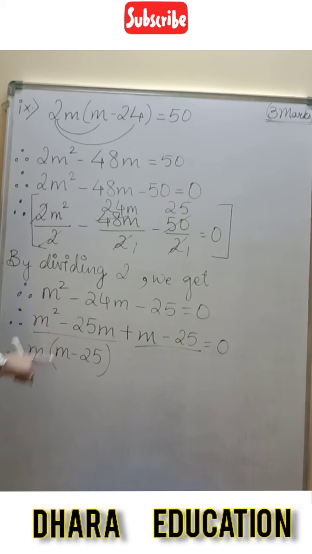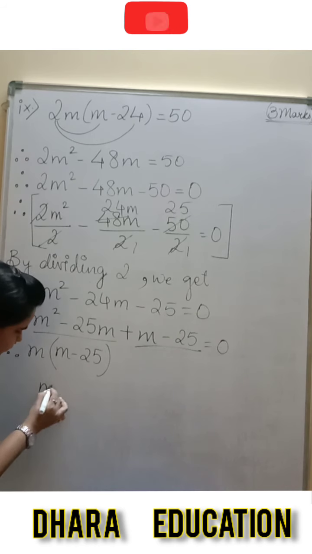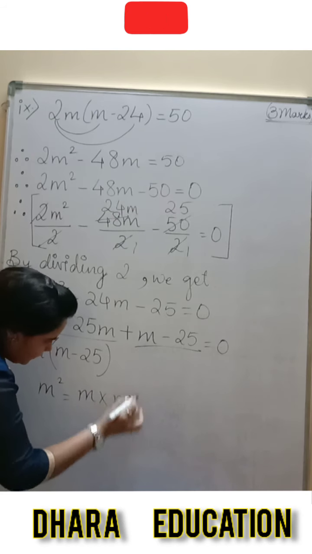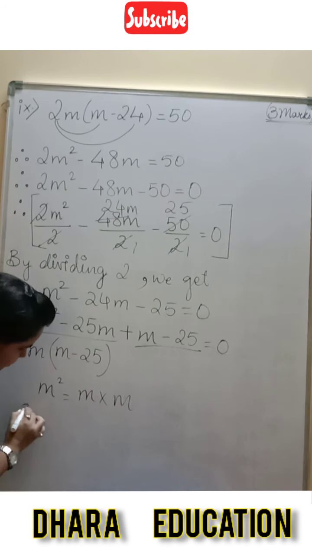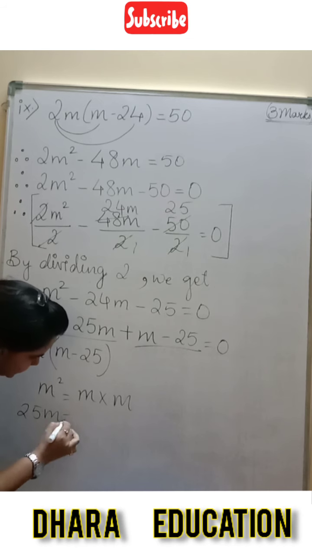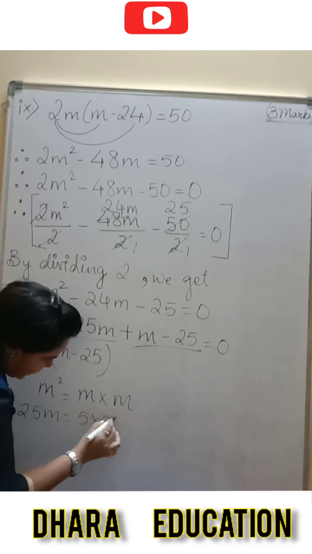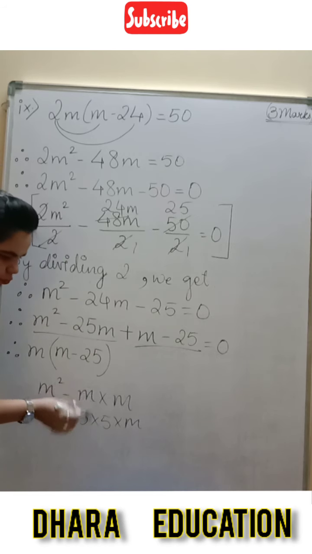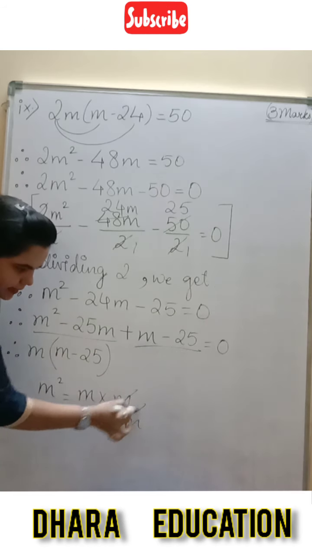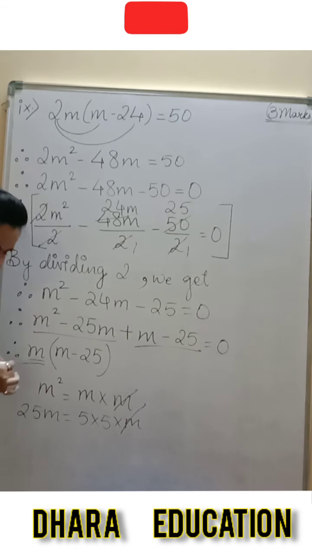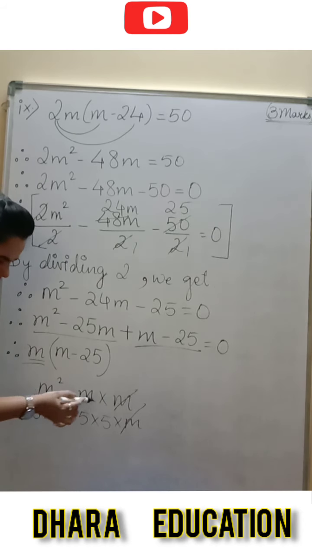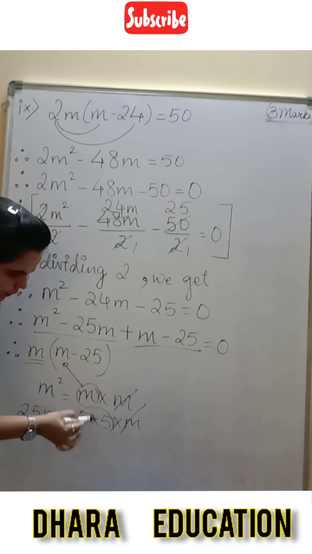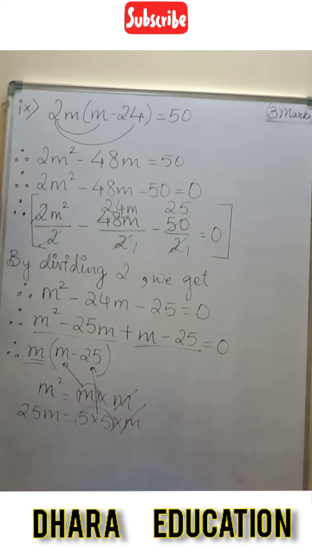If you don't understand this, just note down this. m square is equal to m multiplied by m. 25m is equal to 5 multiplied by 5 multiplied by m. Okay, students, so what is common in these two? This m is common. So that's why I have taken this m. And what is remaining here? m, which is this one, and 5 5s are 25, which is this one. Am I clear on this?